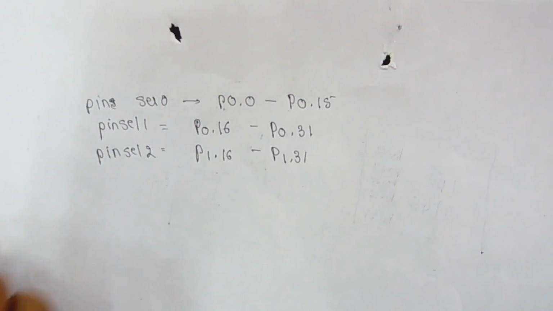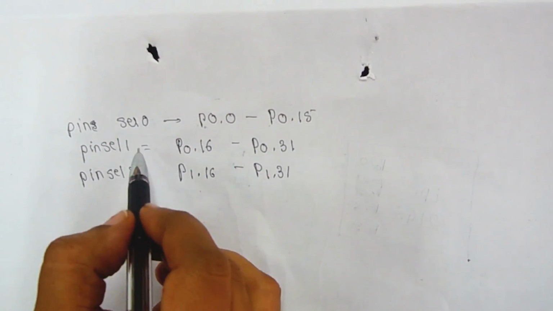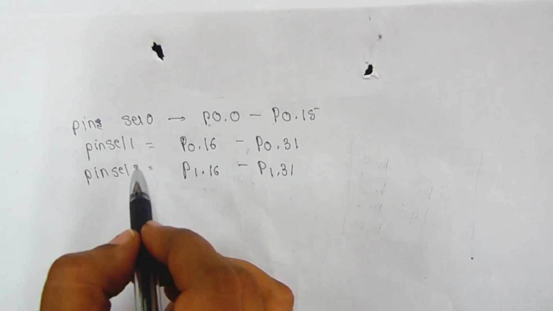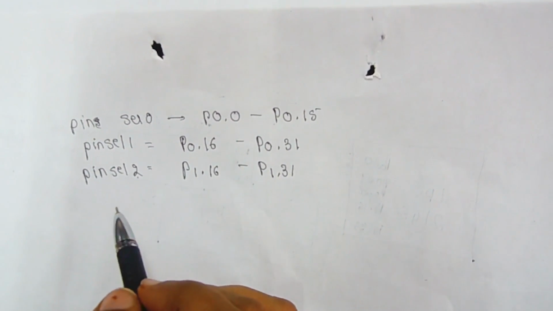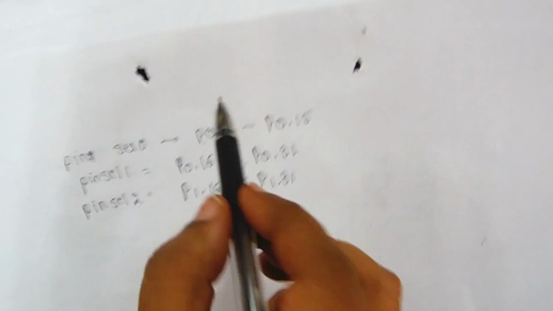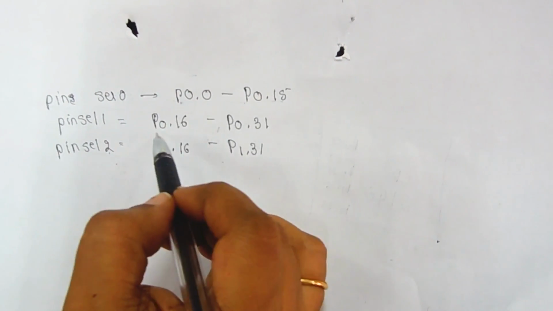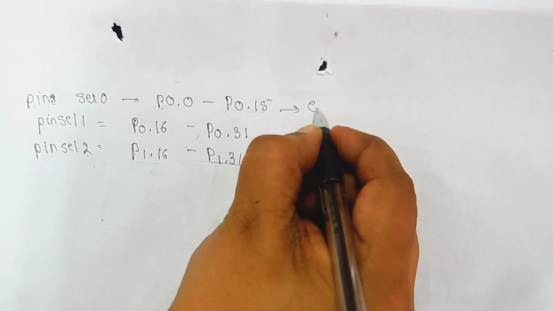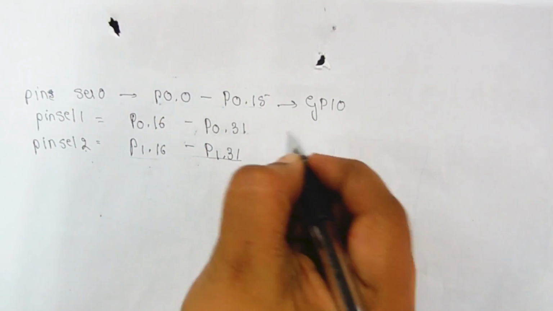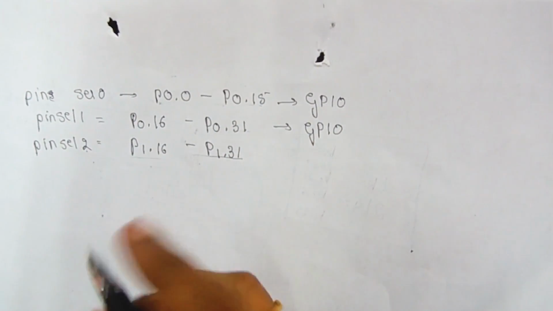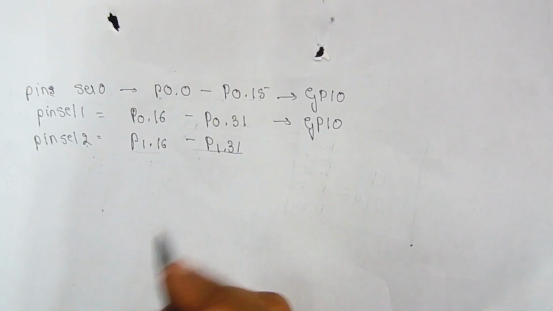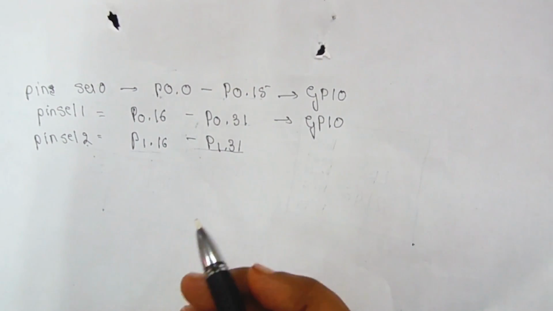Now these pin select 0, pin select 1 and pin select 2 are the three registers. With the help of these three registers, we are going to configure these pins either to act as GPIO pins or to perform some other function.